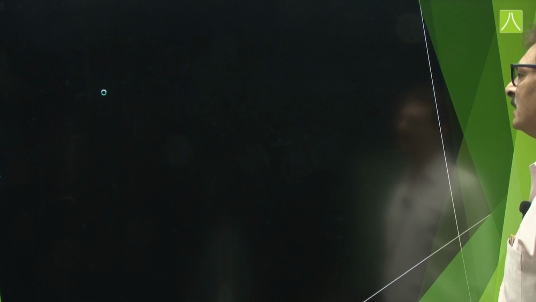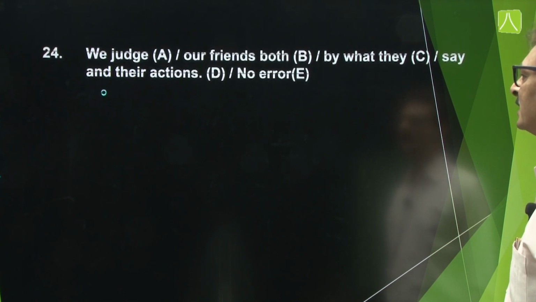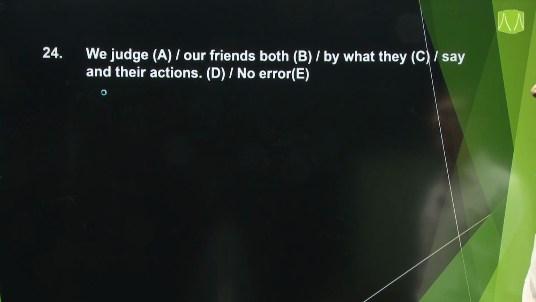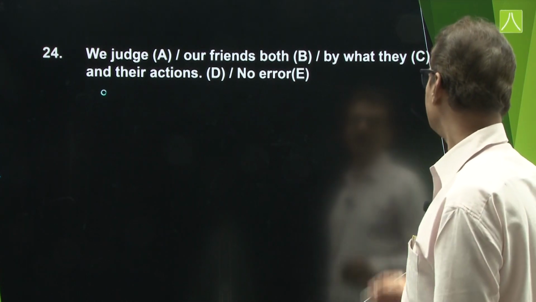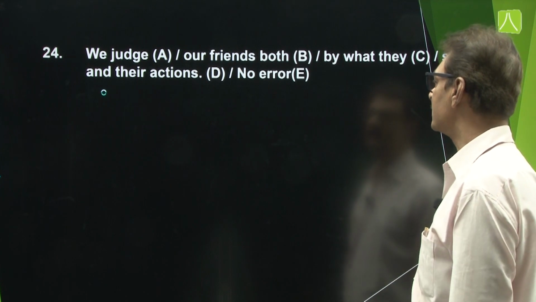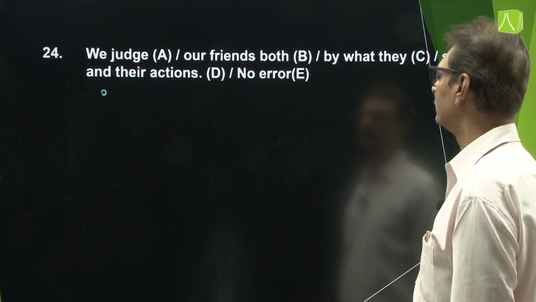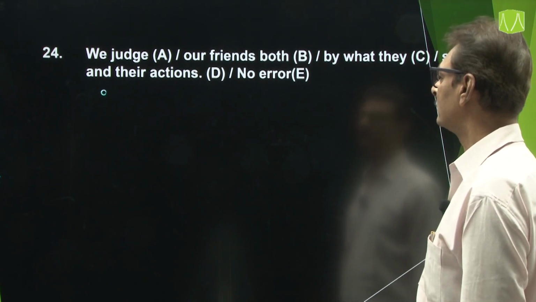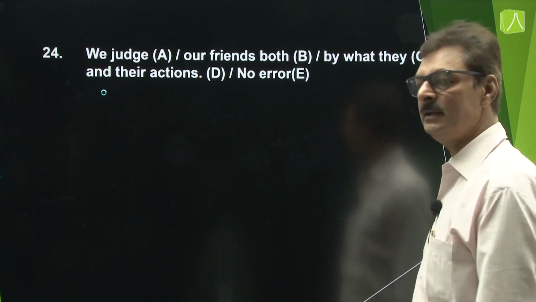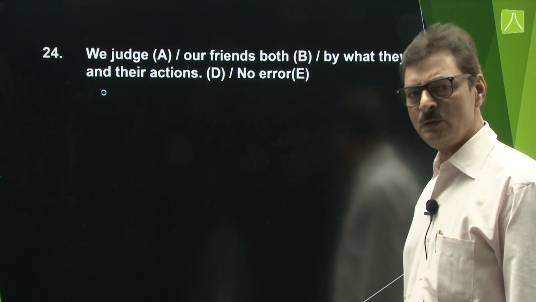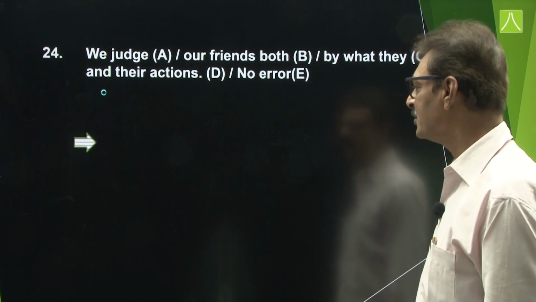So any type of examples you can expect where error spotting is concerned. We judge our friends both by what they say and their actions. Do you see the error? It looks as if something is missing in part D. Let's check.